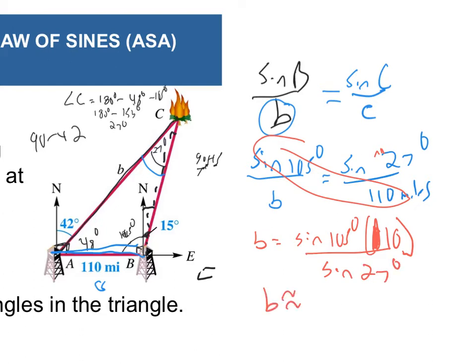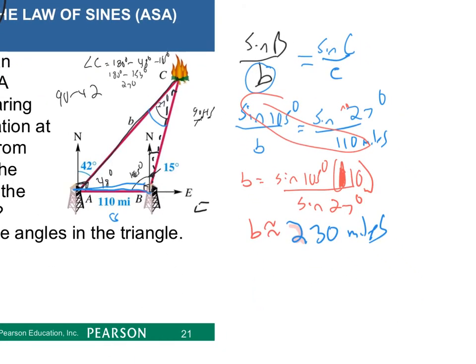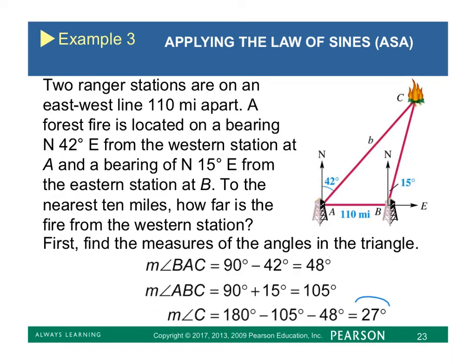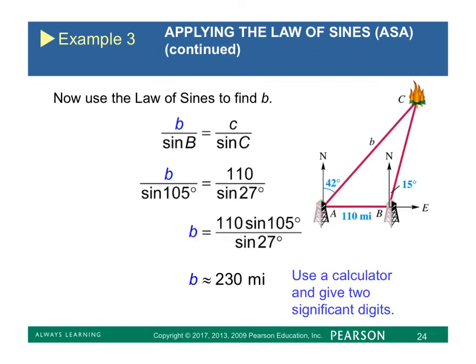So B will be approximately, and you round it to the nearest 10 miles, 230 miles. Let's check it. Yep, I found that angle. There it is. Sweet.